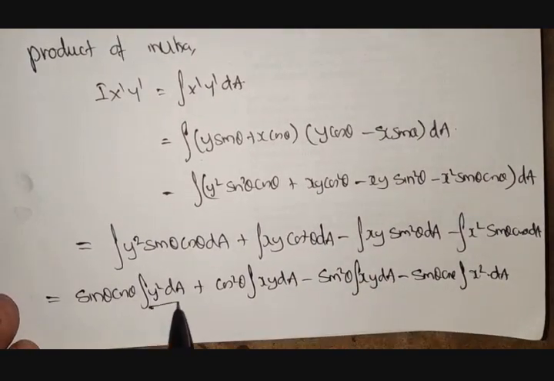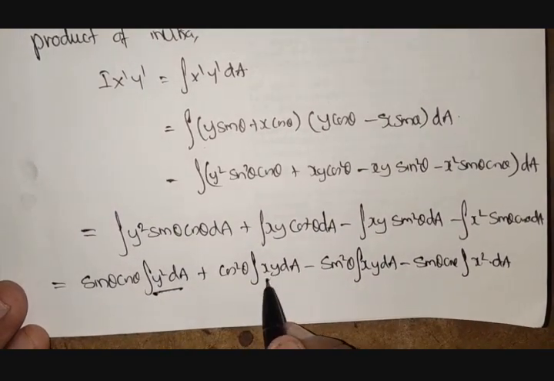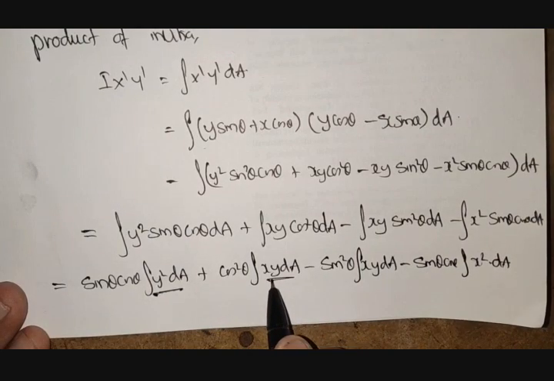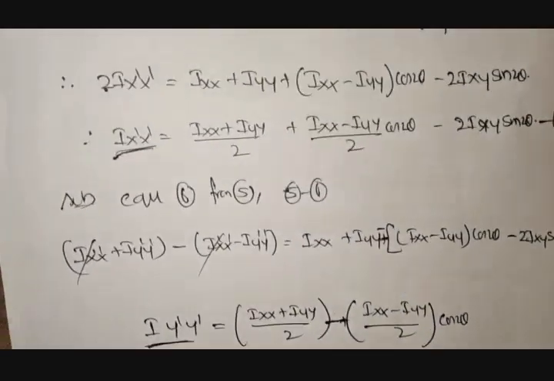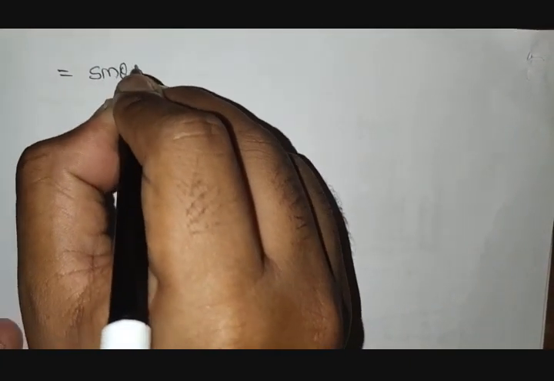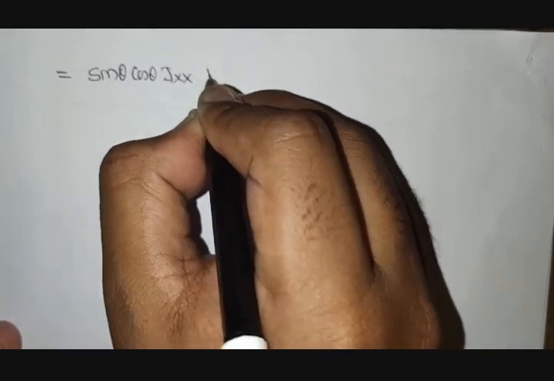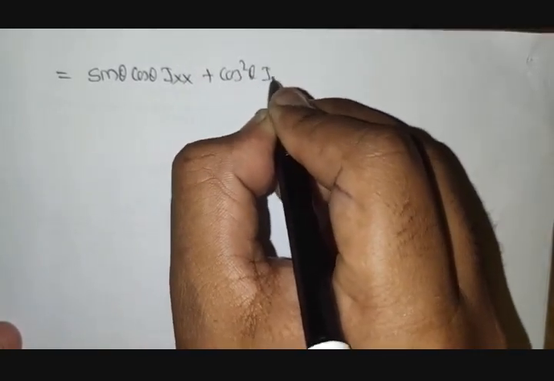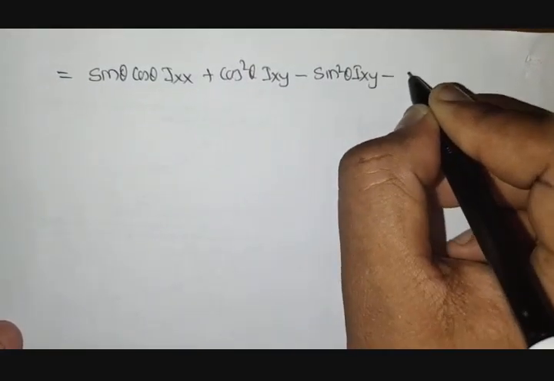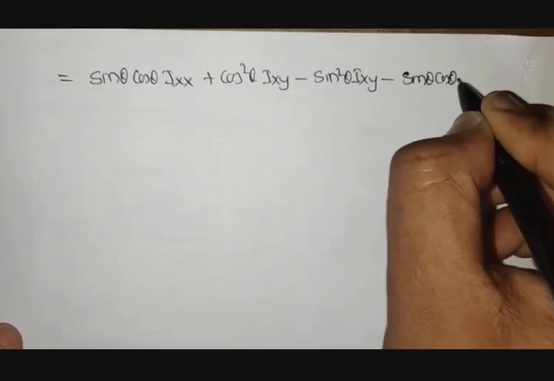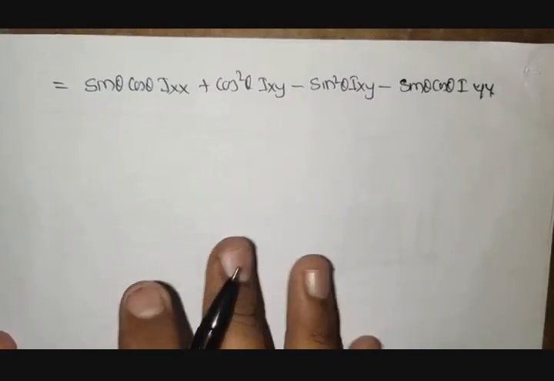So we know that integral y square dA is nothing but Ixx, and integral xy dA is nothing but the product of inertia, Ixy. By substituting these, we will get the equation as sin theta cos theta Ixx plus cos square theta Ixy minus sin square theta Ixy minus sin theta cos theta Iyy.